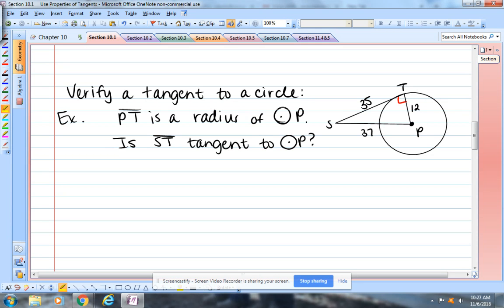I'm proving that this line right here is perpendicular to this radius. That's what has to happen. You have to show that it is perpendicular. So I have to prove that it makes a 90-degree angle. And if it makes a 90-degree angle, then yes, it's a tangent. So how can I do that?